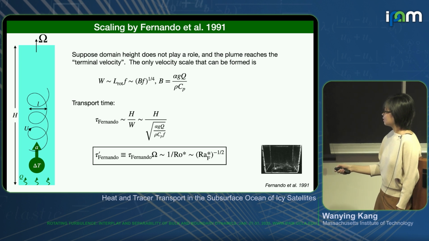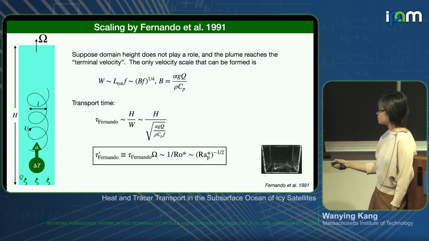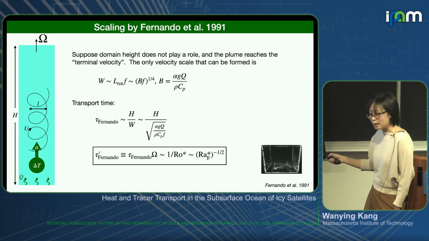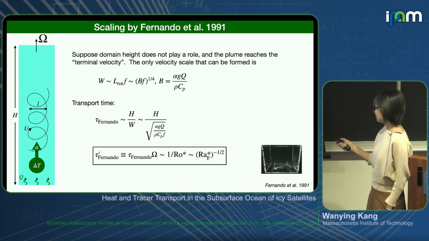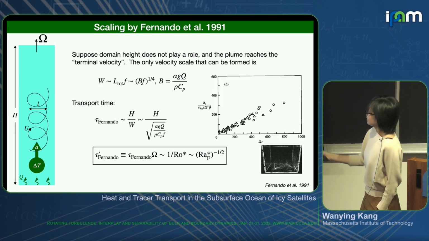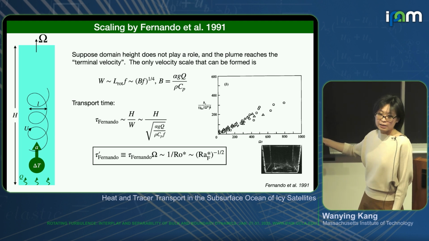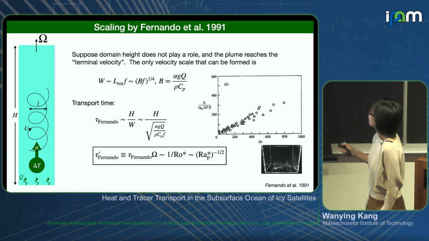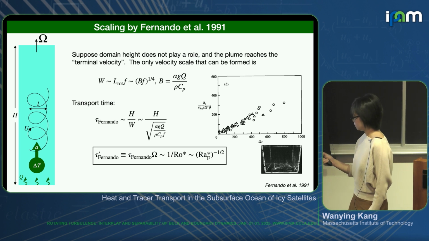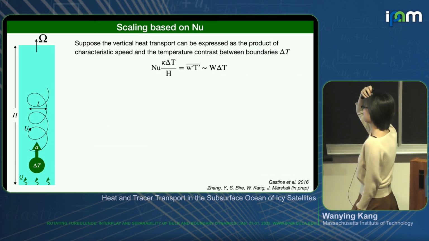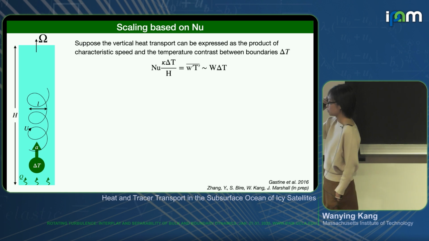That transport timescale scales with the modified flux Rayleigh number to the power of -1/2. Okay. And he showed that in his lab, his results agree with this scaling.